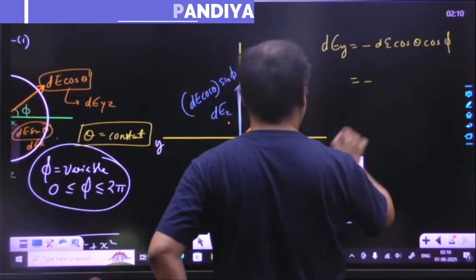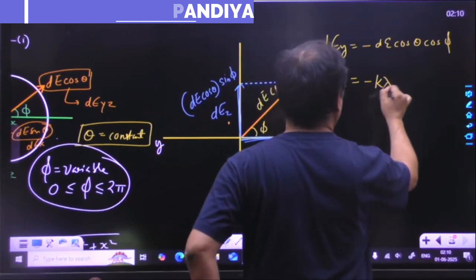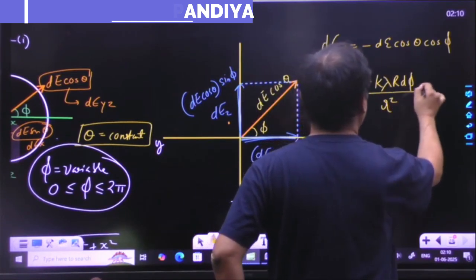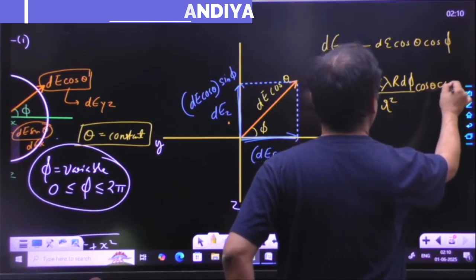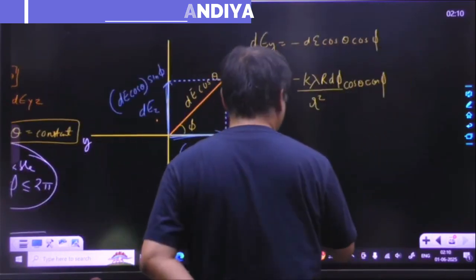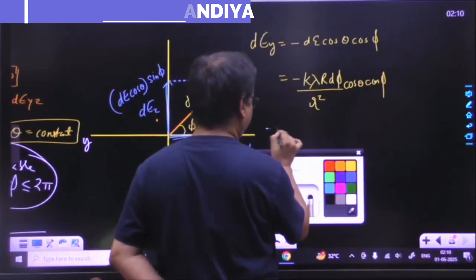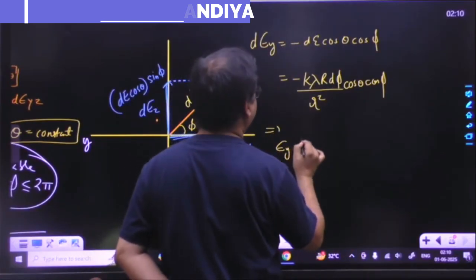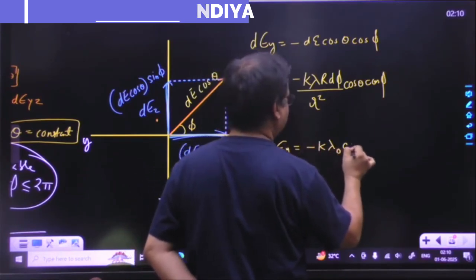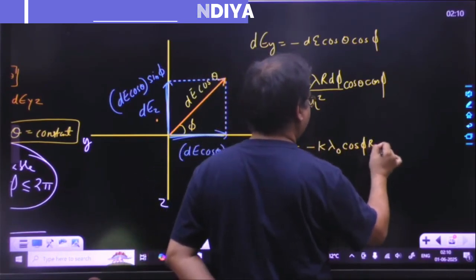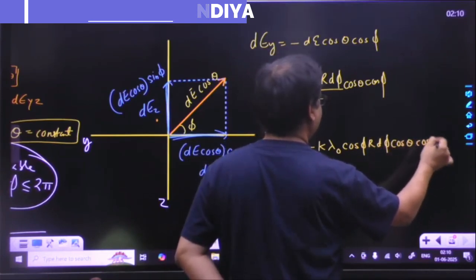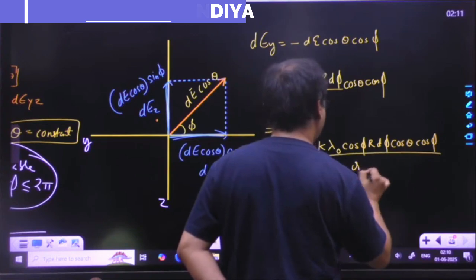So instead of dE, I can write k lambda r d phi by r square, cos theta cos phi. It implies that dEy is equal to minus k lambda naught cos phi r d phi cos theta cos phi divided by r square.